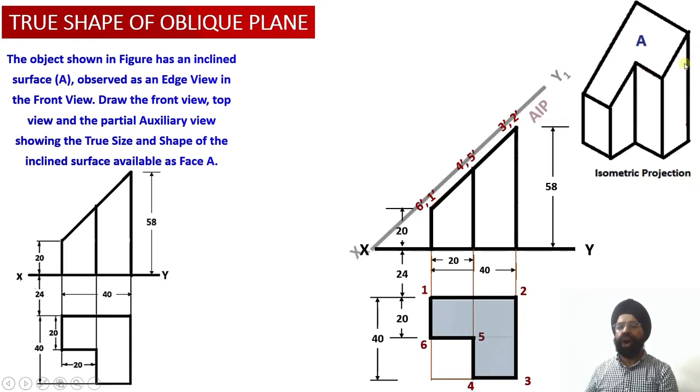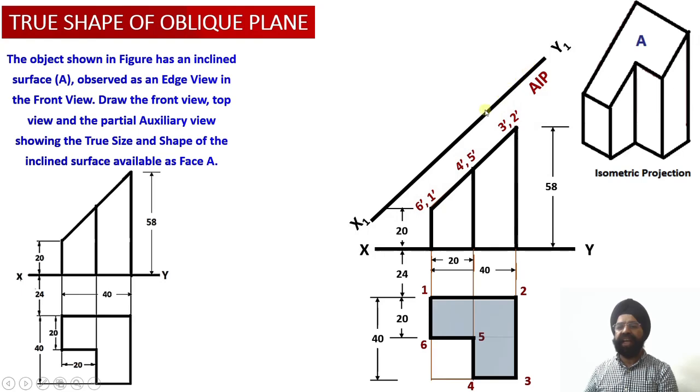Now we need to draw an auxiliary inclined plane x1 y1 parallel to the sectioned cut surface over here. And once we draw an auxiliary inclined plane parallel to this cut section edge view, the perpendicular projectors from 6 dash 1 dash, 4 dash 5 dash and 3 dash 2 dash will be drawn onto the auxiliary inclined plane, so that the corresponding auxiliary plan view can be obtained on this auxiliary inclined plane.